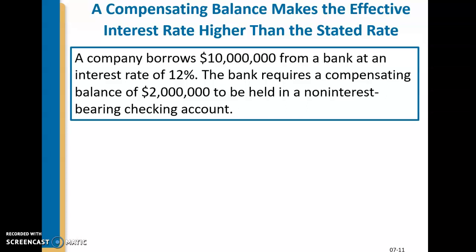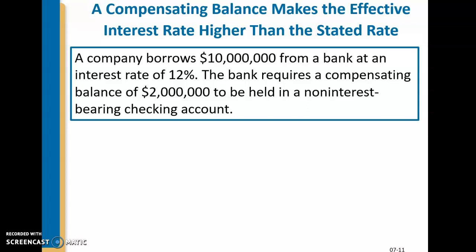The bank requires a compensating balance of $2 million to be held in a non-interest-bearing checking account. The effective amount of money borrowed is only $8 million, the $10 million on the face of the loan minus the $2 million that the borrower can't use.